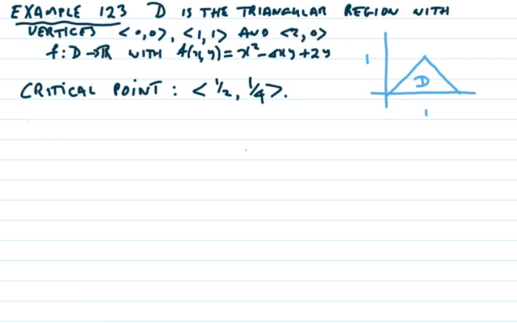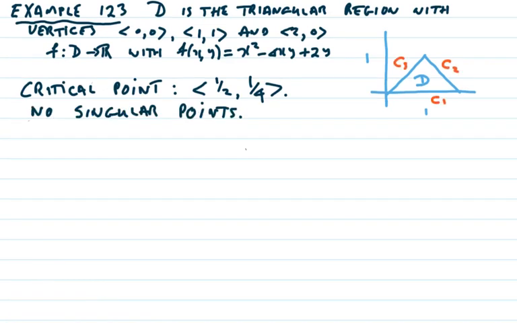Since the first order derivatives exist everywhere, there are no singular points. For the boundary points, we need to consider the three curves that make up the boundary of D. Let's name them C1, C2, and C3.